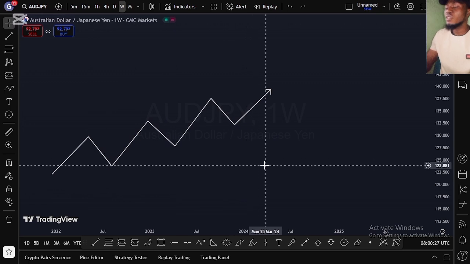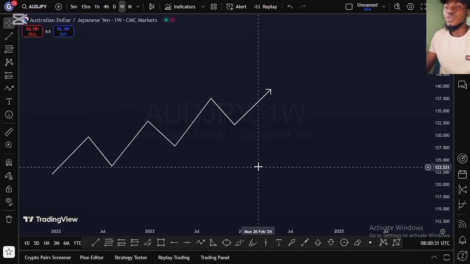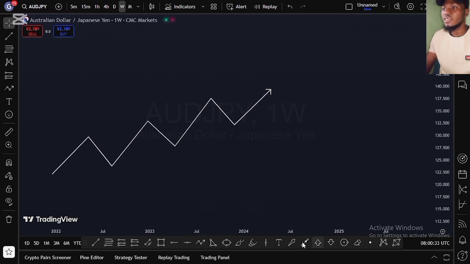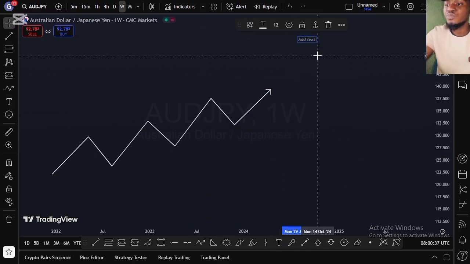So in order to draw your trend line in a bullish market, you need two low points. Let me write that down. It will be like the set of rules. You must have two higher lows to draw a valid trend line.